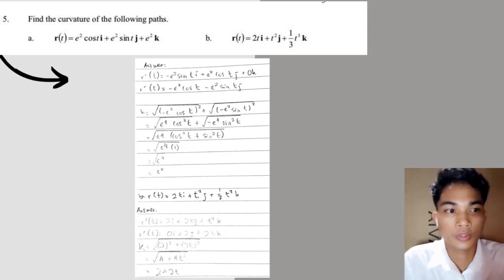So from this answer, we have to find for k. Then we write down k equals square root of 2² plus (2t)².